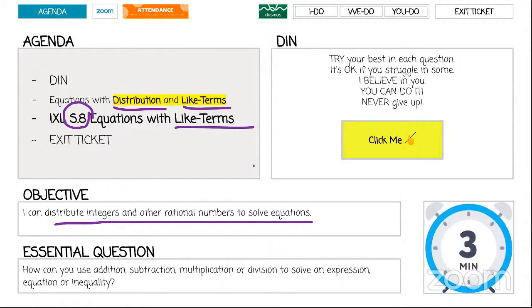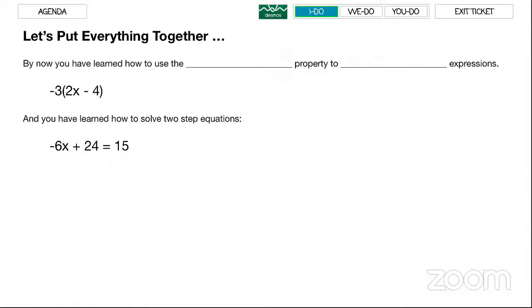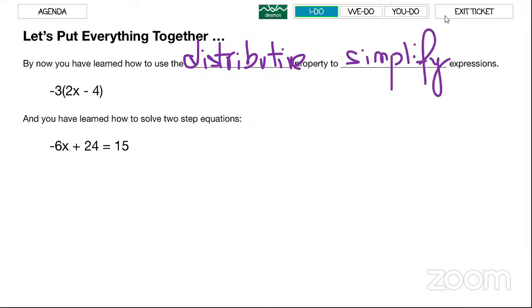So let's talk about the notes. We need to put down everything we'll learn together, okay? So by now, you've learned how to use the distributive property to simplify expressions, okay?